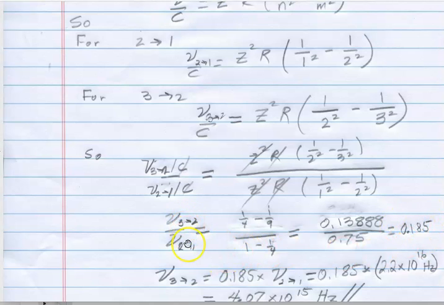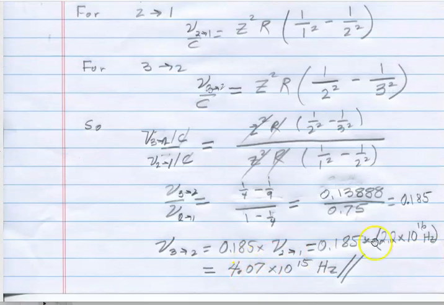And so I know that the ratio is equal to this, and so nu 3,2 is just got to be 0.185 times nu 2 to 1. And I'm given that information. And when I multiplied it out on my calculator anyway, I got about 4.1 times 10 to the 15th hertz.